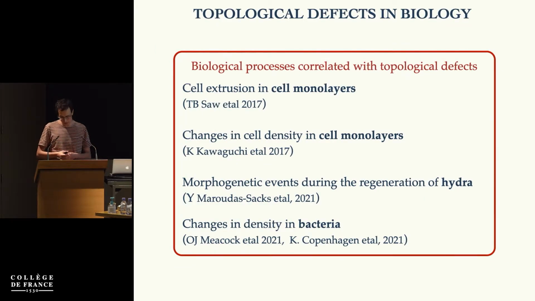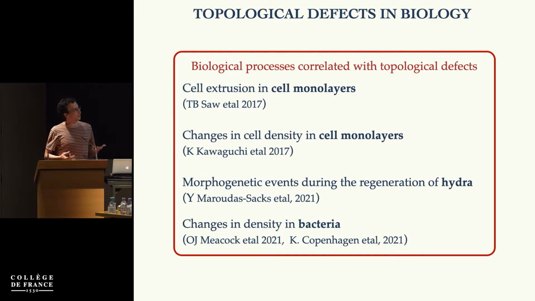The topic of topological defects in collective cell migration has raised recent interest because of a series of observations that find spatiotemporal correlations between topological defects and biological functions. These functions go from cell extrusion, changes of cell density, or emergence of shapes, in a variety of biological systems like in vitro cell monolayers, suspensions of bacteria, or more complex organisms like hydra.